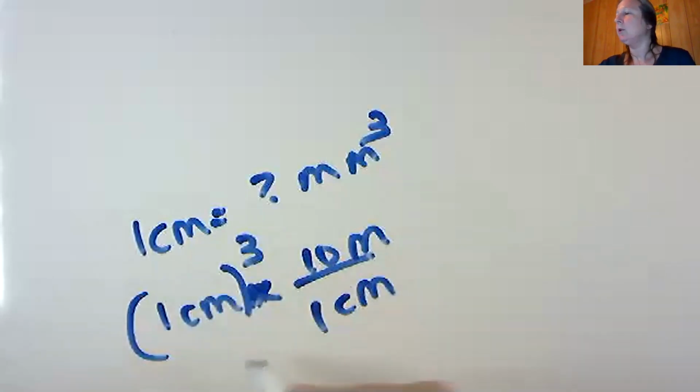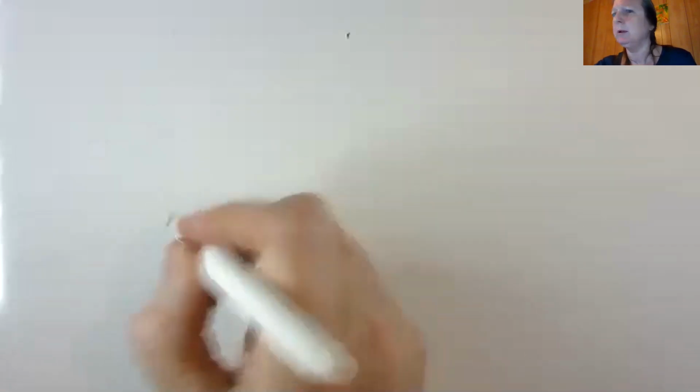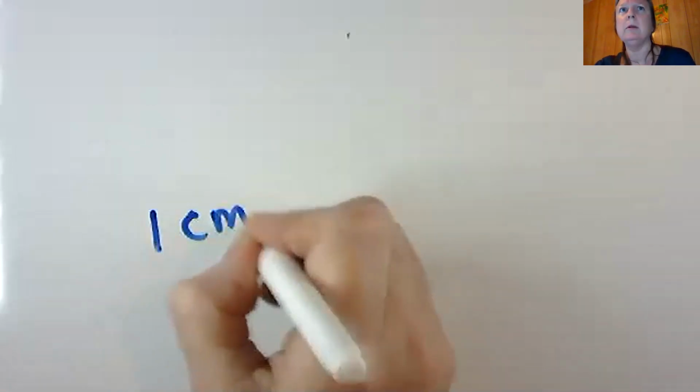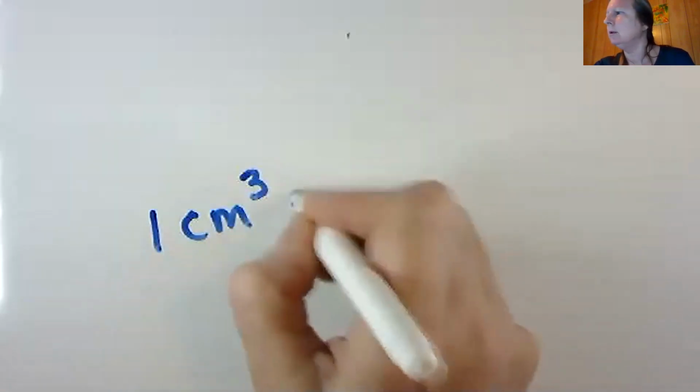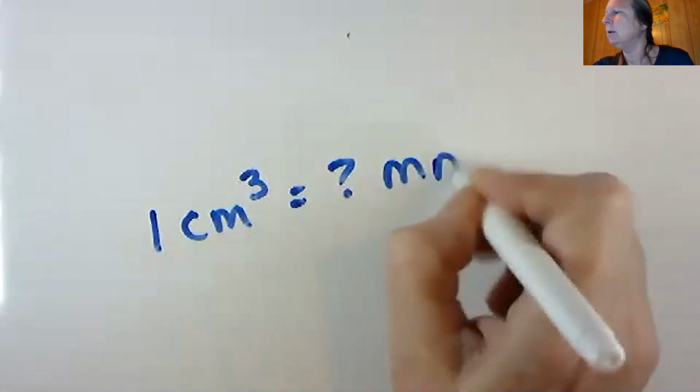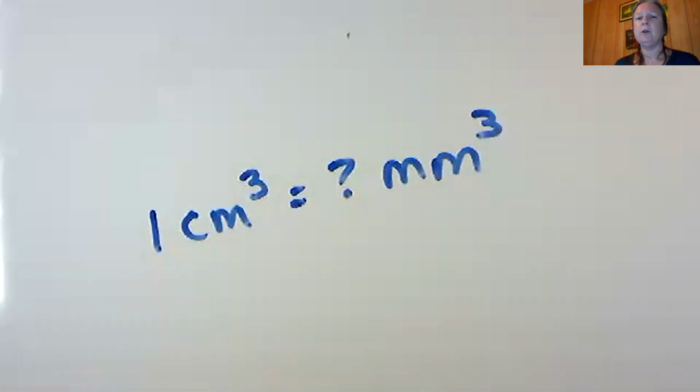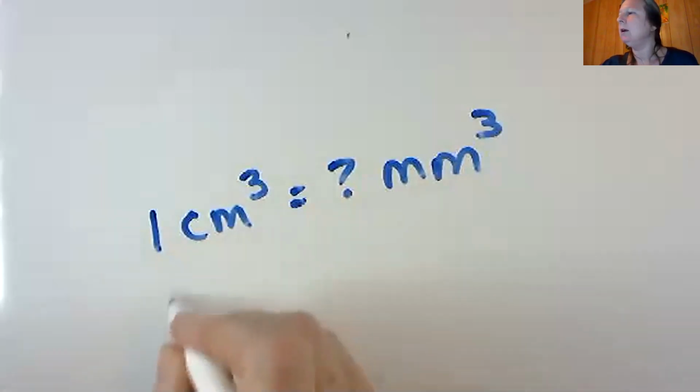So I can convert 1 centimeter to a cubic centimeter because the 1 is cubed. So if I rewrite my question, because this I think is what actually is in the lab, 1 cubic centimeter is equal to how many cubic millimeters? You cannot do this.